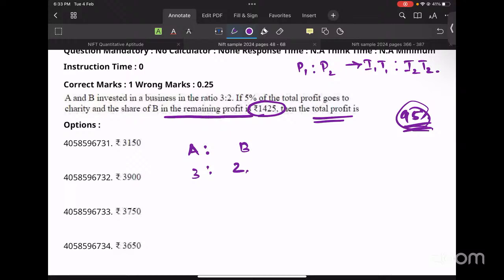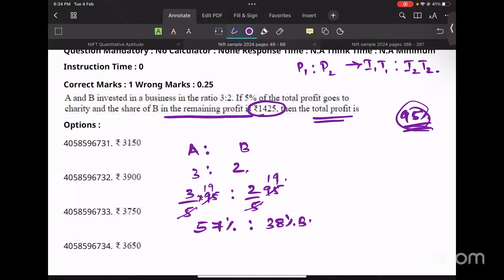Over here, 3 by 5 of 95 will be for A and 2 by 5 of 95 will be for B. When you cut this, you will get 19. So 57% for A and 38% for B. Now the share of B in the remaining profit, that is 38%, is equal to 1425.